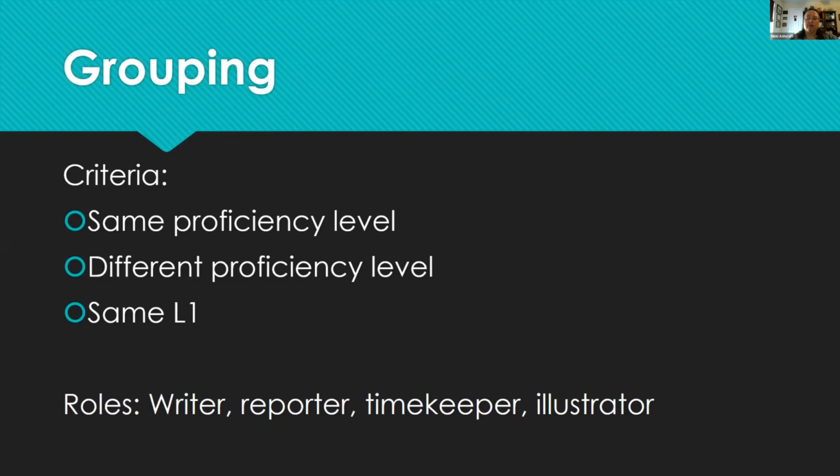And if you have somebody who's really good at art, but maybe they don't like to write as much, then they could be the illustrator for the activity. Really, it depends on what the activity or the task is, what kinds of roles you would assign learners. But assigning roles is another way that, when students are working in groups, you can differentiate what each person is responsible for.